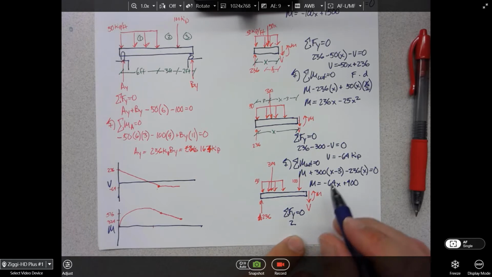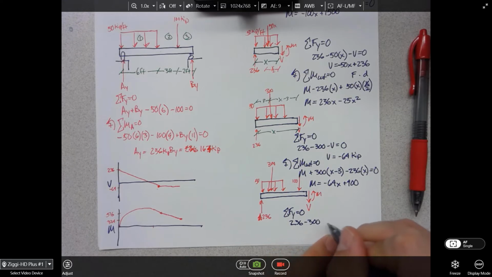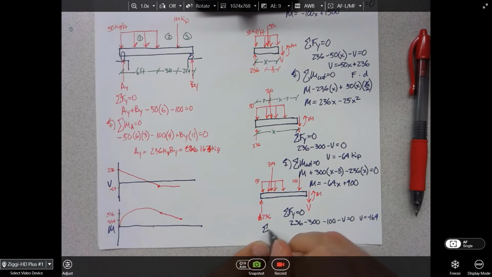So summing the forces in Fy, we'll have 236 minus 300 minus 100 minus V equals 0. So it looks like V is negative 164. And let's sum the moments about the cut.